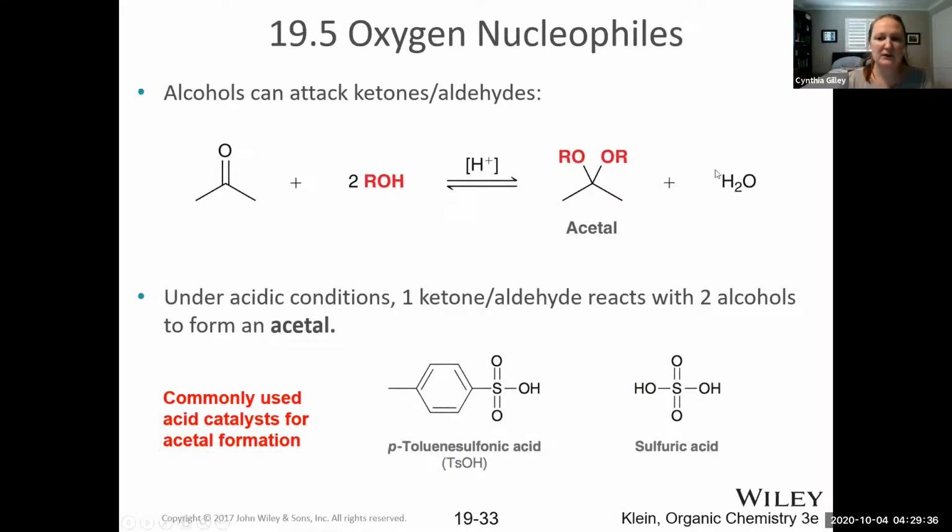If we add a bunch of water to the reaction mixture, that's like adding an excess of one of the reactants in the reverse direction. That will drive the equilibrium back towards the reactants. So we can either use a large excess of one of the reactants to get the reaction to go the direction that we want, right? Or we can remove one of the products. So those are things that we would have to do if we wanted to manipulate the equilibrium in this reaction.